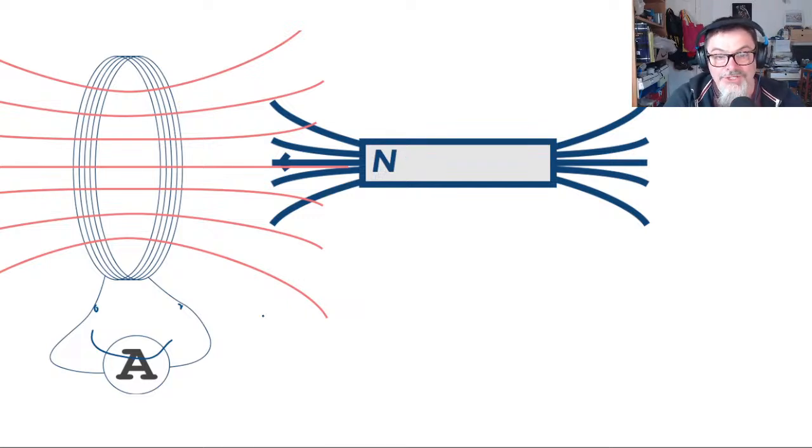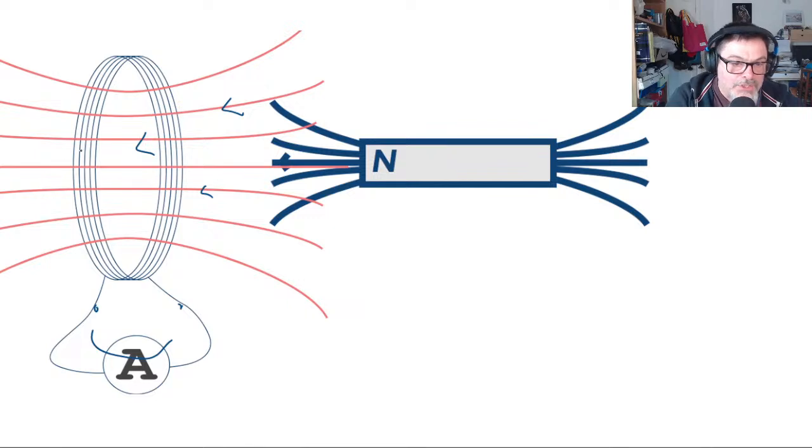But of course the question is are they going this way or are they going the other way? Or to rephrase that question, let's say they are in fact going this way. That would mean, because you know flux lines go from north to south, that this end here would be a north pole and that end there would be a south pole.